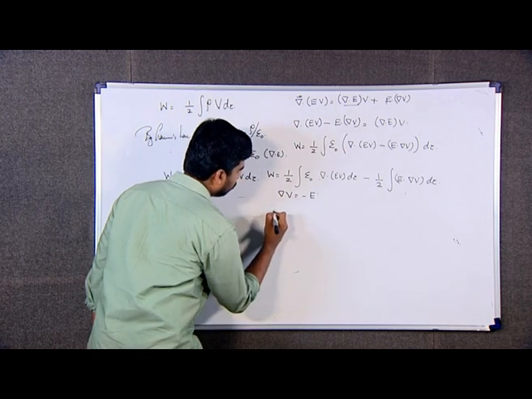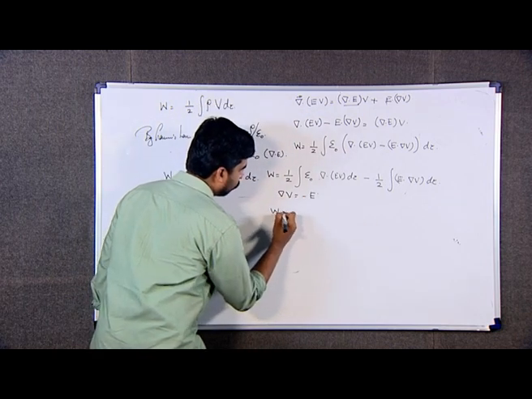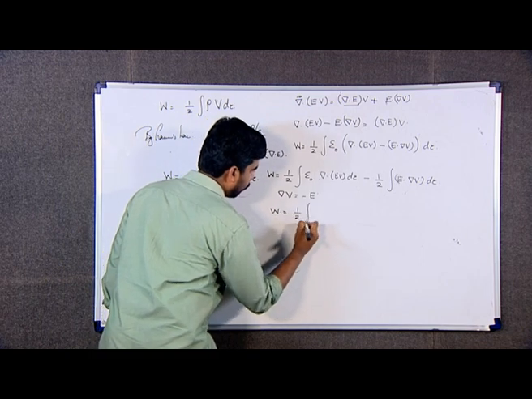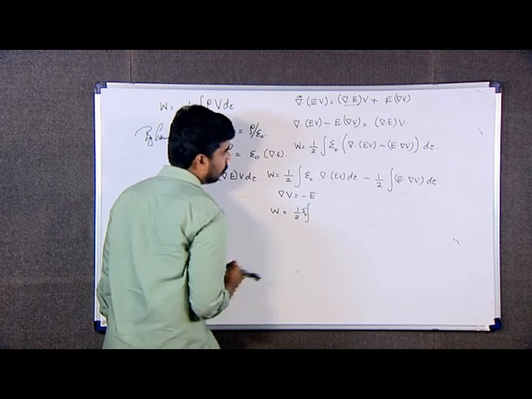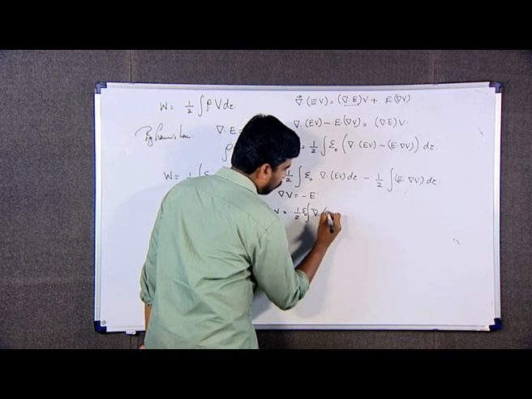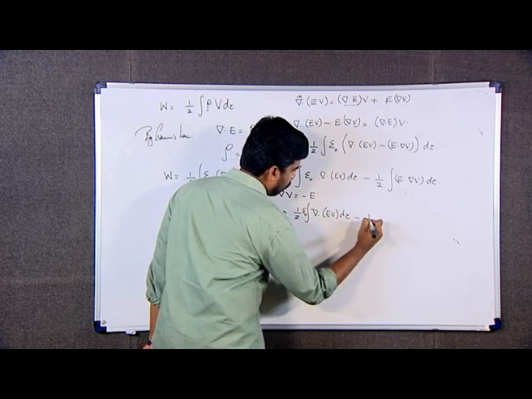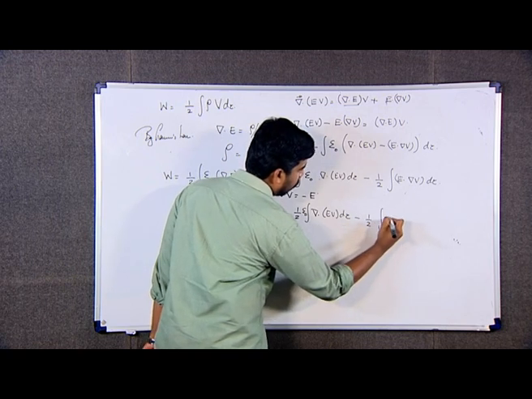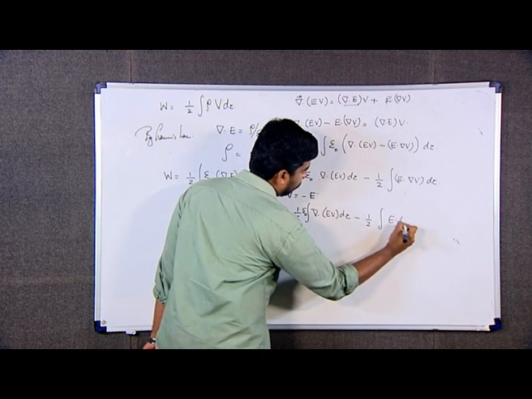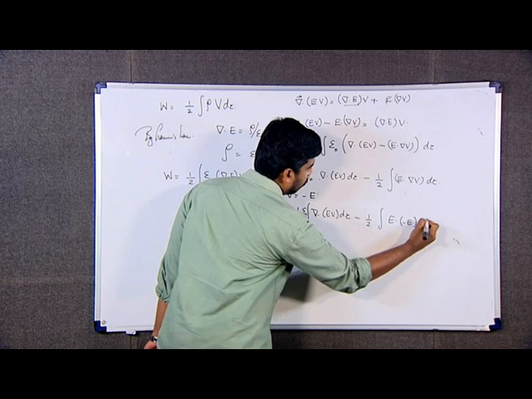So, I can write W equals half, taking epsilon 0 out, integral del dot (E V) d tau minus half integral E dot (minus E) d tau.